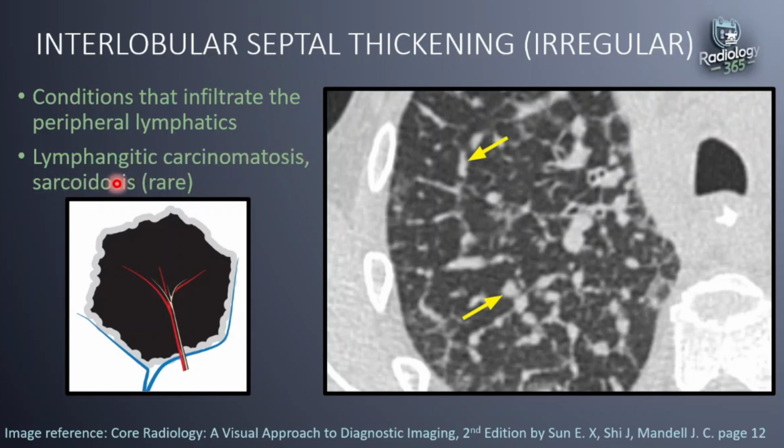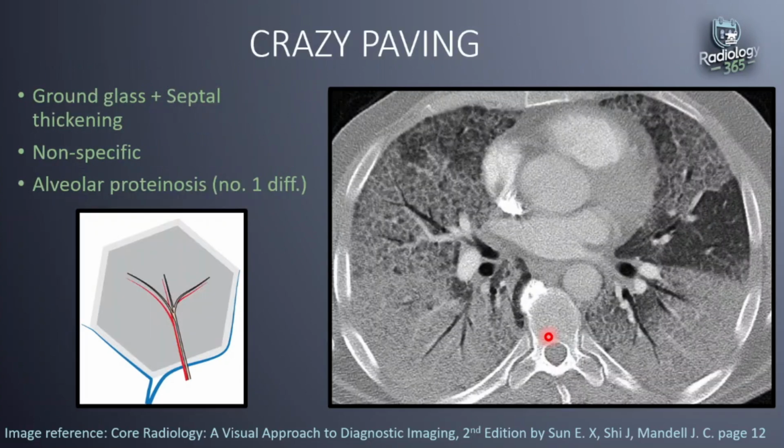Sarcoidosis also causes nodular thickening of the interlobular septa, so it's also another differential to entertain. So in this axial CT, we see diffuse nodular septal thickening evidenced by the yellow arrows, and this was a case of lymphangitic carcinomatosis.